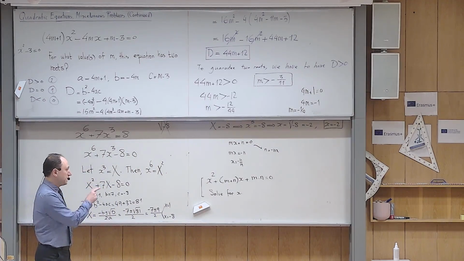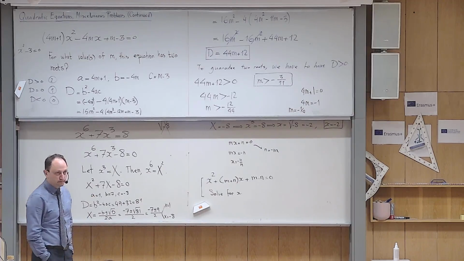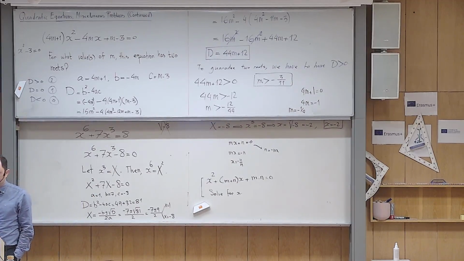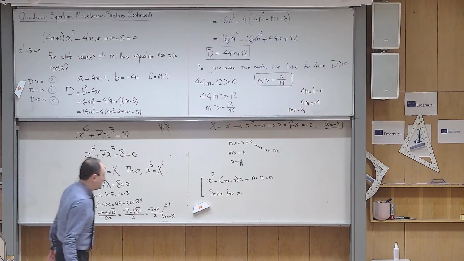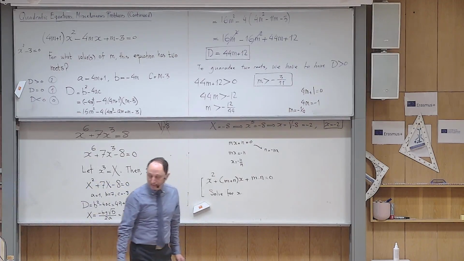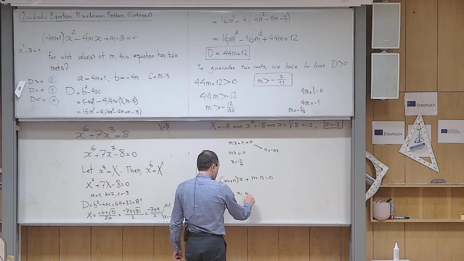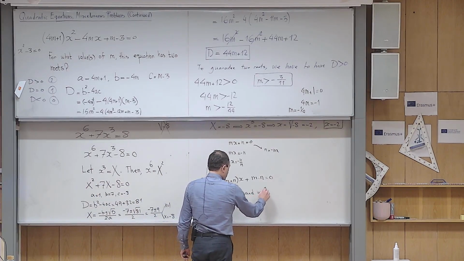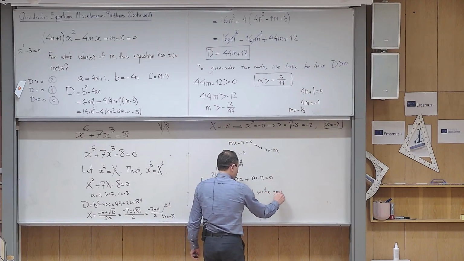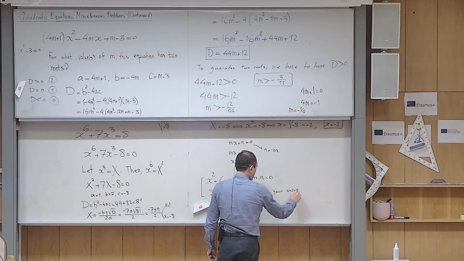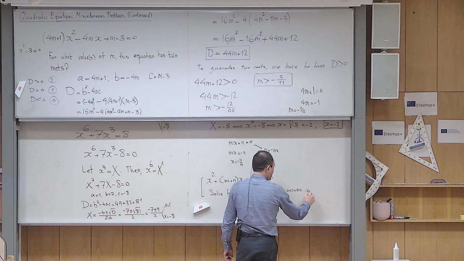I think you will be able to solve it fast. Solve for x, and put your answers in simplest possible form. That is important. Write your answers in simplest possible form.